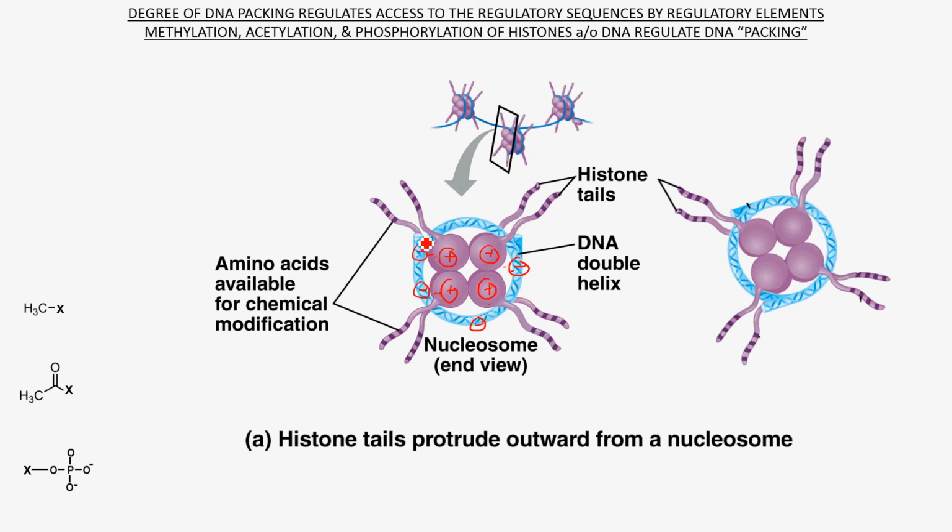You can see here that the DNA molecule is looping around these octamers twice. That DNA would then continue over to the next group of positively charged histone proteins, and this conglomeration is referred to as a nucleosome.